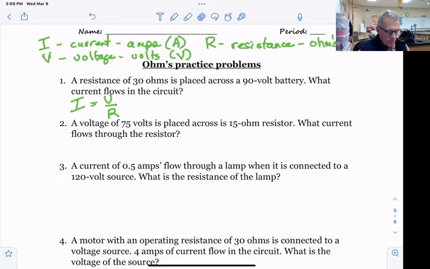The abbreviation for that is omega, the Greek letter omega. So Ohm's law is written like this.